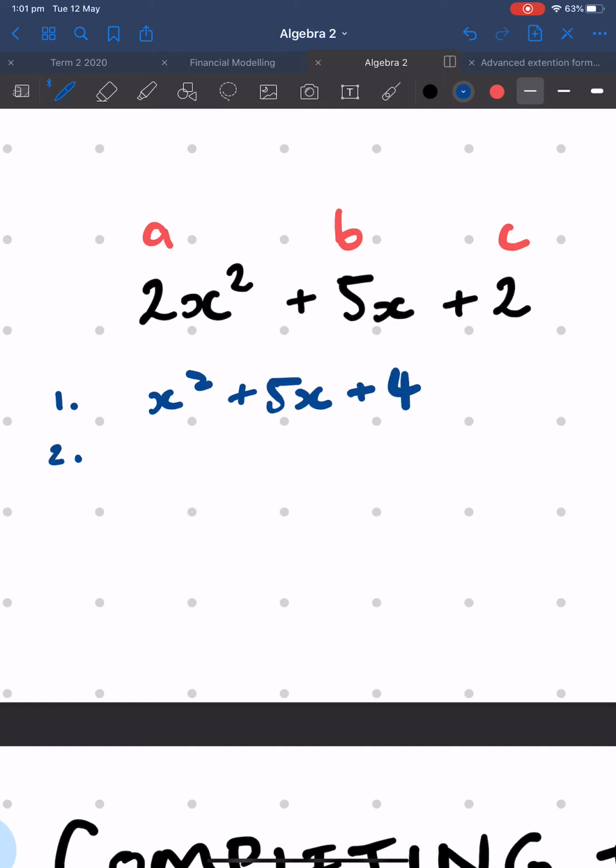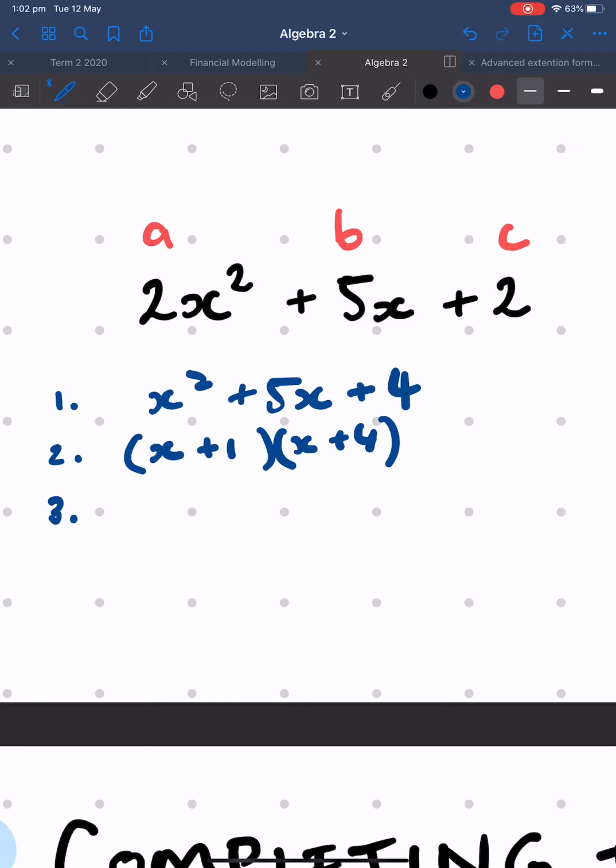Now that you've done that, you should be able to factorize this expression. So you're thinking two numbers that are factors of 4. You've either got 2 and 2 or 4 and 1. The only way I can make positive 5 is by going 4 and positive 1. So that must be my factorization.